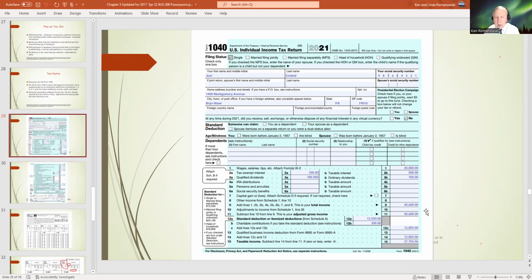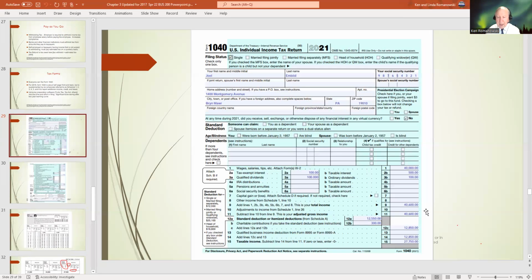What I did for you here is give you 2 examples: one where the standard deduction was used, and another where itemized deductions were used. Here's the one for standard deduction.